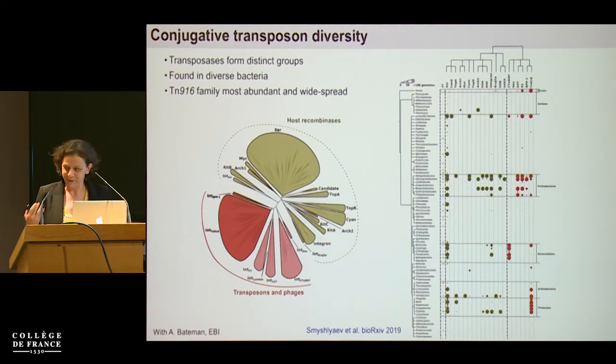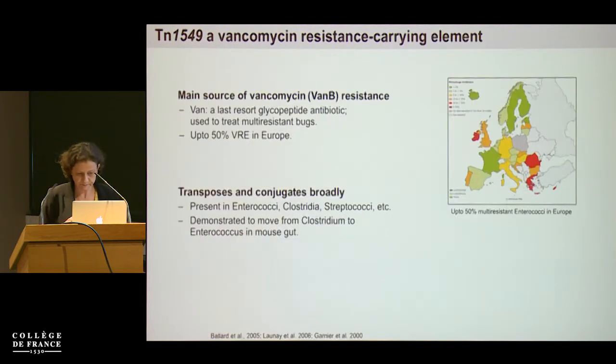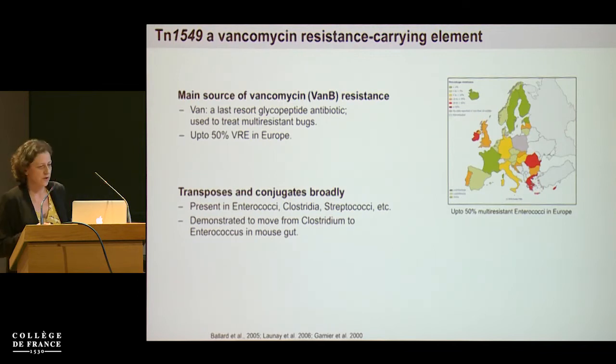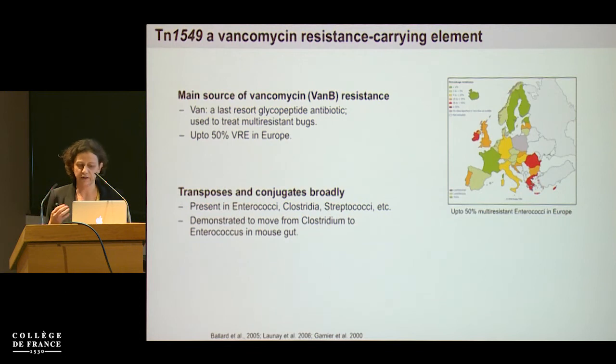Then, obviously, being a structural biologist, we wanted to dig into understanding how these elements move and how they can actually spread in all these different types of bacteria. For this, we had to focus in a bit, and so we have chosen a model element called TN1549, which carries vancomycin resistance. It's present in enterococci, Clostridium, streptococci, and different types of bacteria.